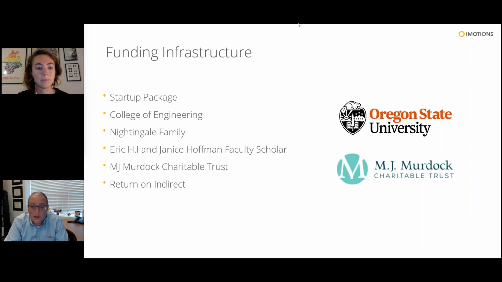Private philanthropy ended up playing a pretty significant role in the development of our laboratory, both through individual families as well as charitable trusts, and then the small monies that are generated in excess when conducting active research. And each one of those elements helped contribute to the initial capital investments in our very first lab component, the passenger car driving simulator, all the way through some of our most recent innovations in laboratory equipment in terms of the commercial motor vehicle simulator.